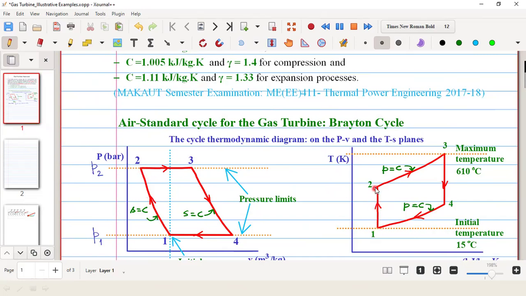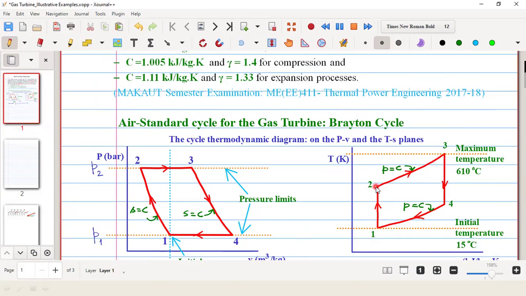From 2 to 3 there is also a temperature increase, because of combustion: heat addition. At 3 we have supplied energy both as work and as heat, so the temperature increases in both processes.